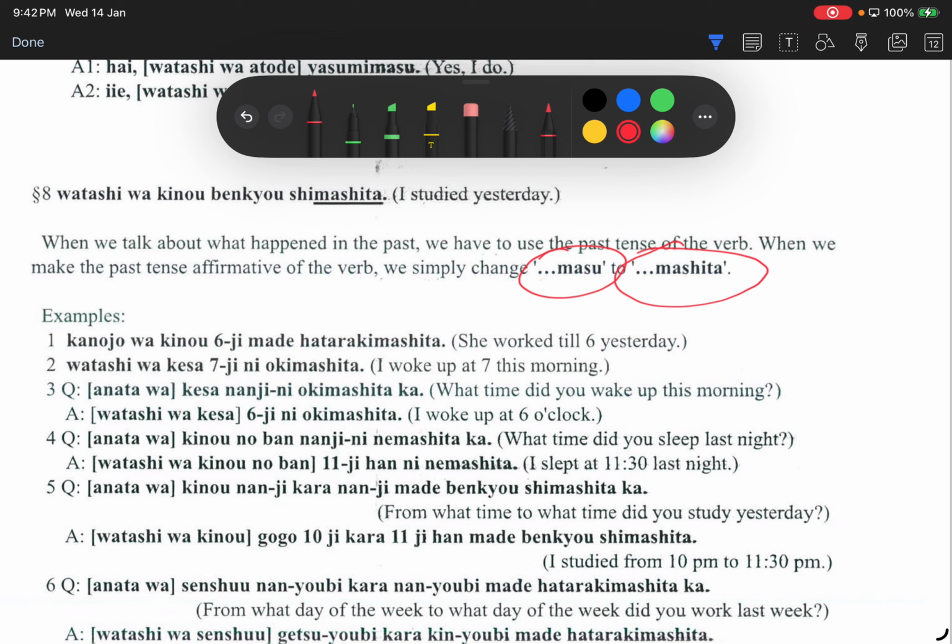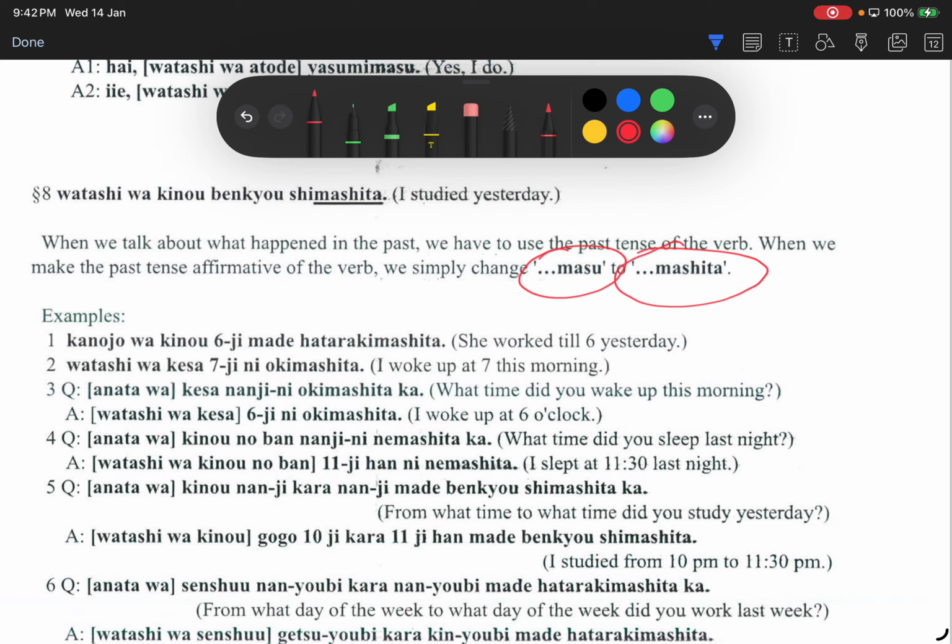Number 2. 私は今朝7時に起きました. So how do we know it's morning? Because they say kesa. Kesa means this morning. How do we know it's past tense? Also because of kesa, because this morning means I'm talking from a time reference where morning has already passed.